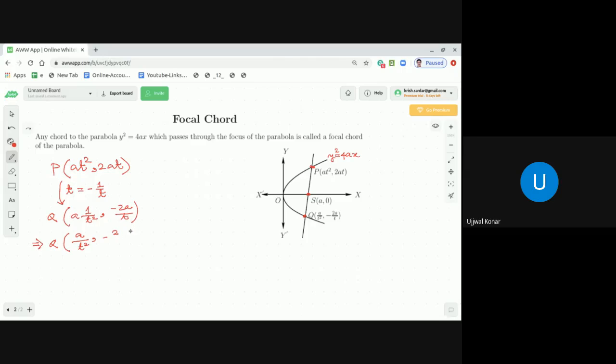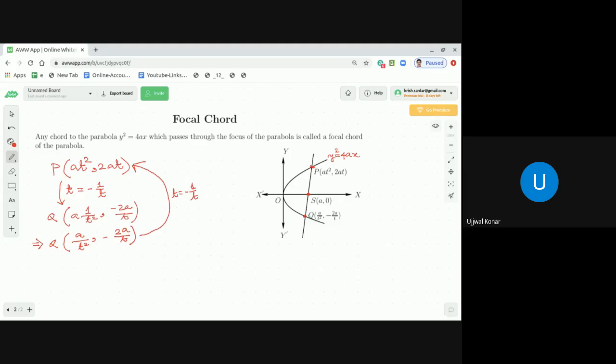Obviously the converse is also true, dear students. Suppose you know that the coordinate of the point Q is a by t square, minus 2a by t. Then if you replace t by minus 1 by t, you are going to get the coordinate of the point P. So P and Q are the extremities.